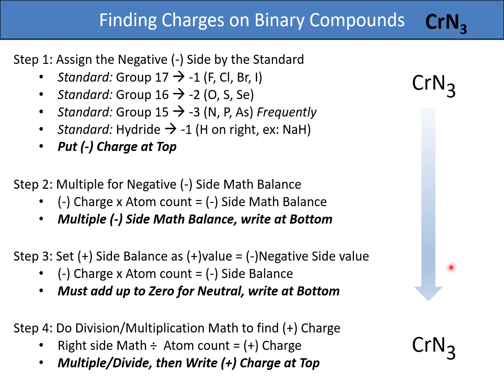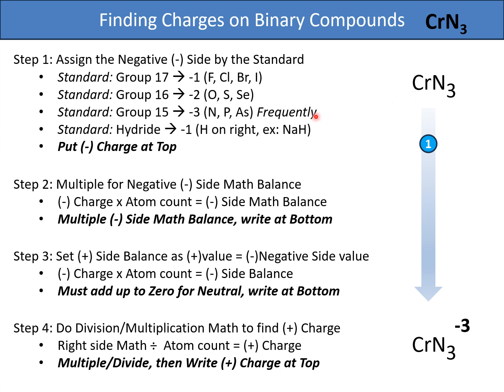Let's do this next one here. We have chromium and nitrogen. And so we start with it. Step 1, we assign the negative side. In this case, we're assigning negative using the frequently used group 15 as a -3. Certainly this makes sense to us because chromium is a transition element and we certainly would not use it as a standard.